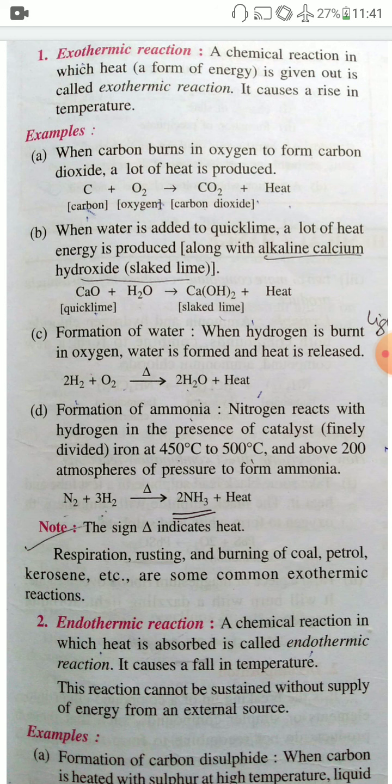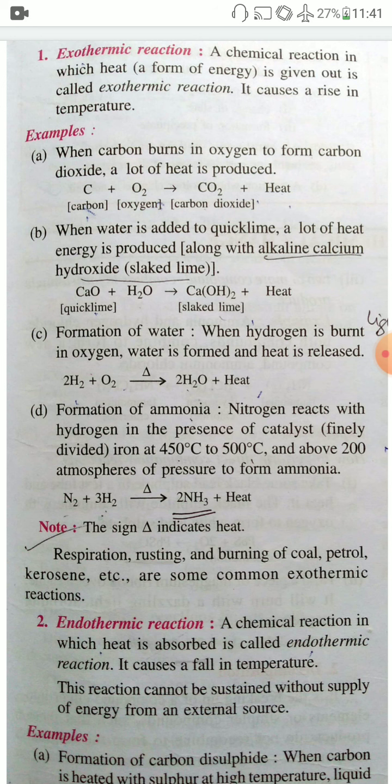So when hydrogen reacts with nitrogen to form ammonia in the presence of iron catalyst, the reaction is exothermic. The reaction is N2 plus 3H2 gives 2NH3, ammonia, plus heat. The triangle sign indicates heat.